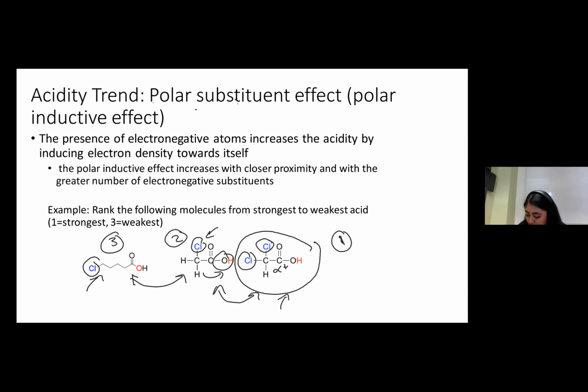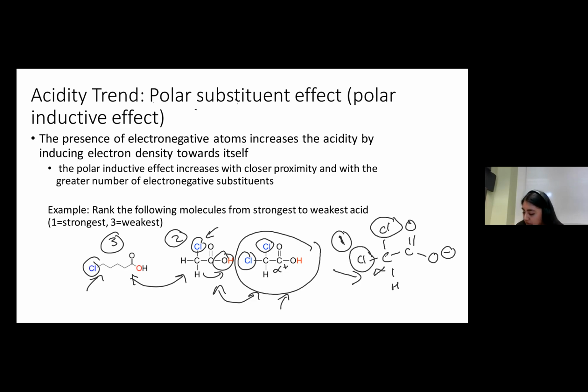Yeah, I can draw the conjugate for this one. So that's the conjugate for this one, right? These right here are going to pull electron density towards them.